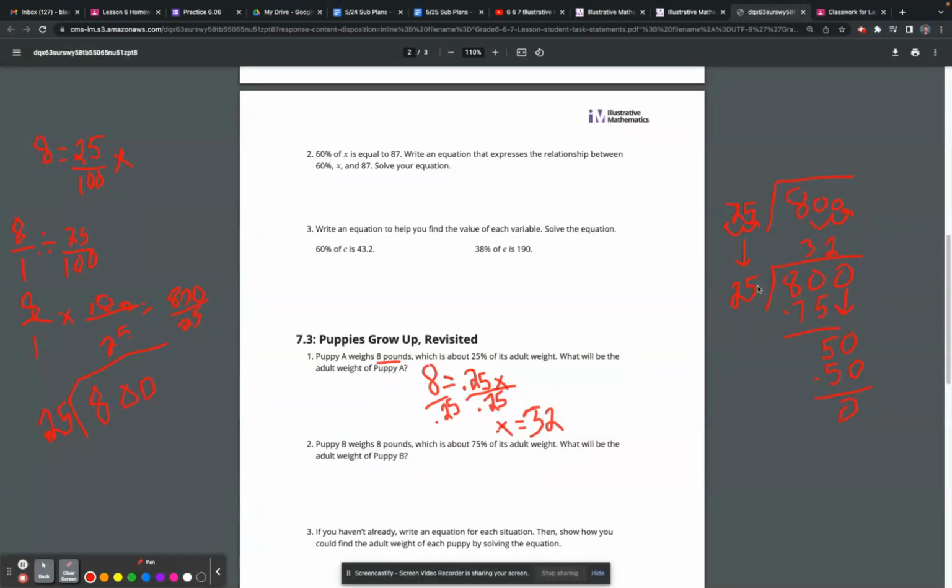Okay. So I'm anticipating this lesson is probably going to bring some questions. It's definitely a tricky one because it takes everything we have done all year and brings it into one. We're dividing fractions, we're converting percents into decimals, we're setting up equations in which we're solving for x.